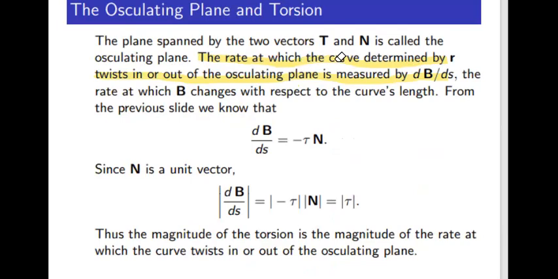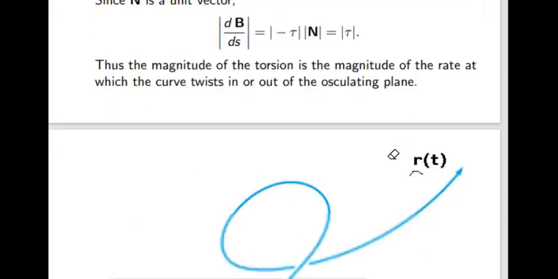The rate at which the curve twists in or out of the osculating plane is measured by this.